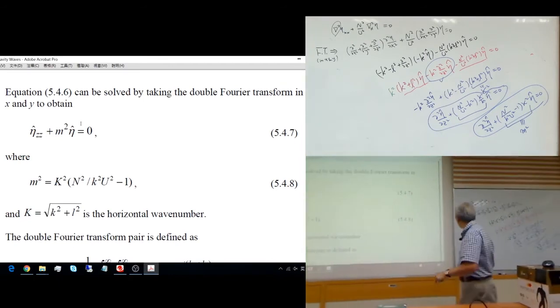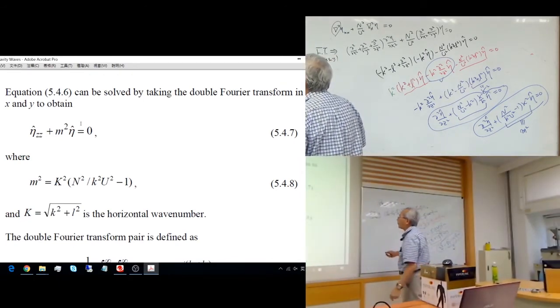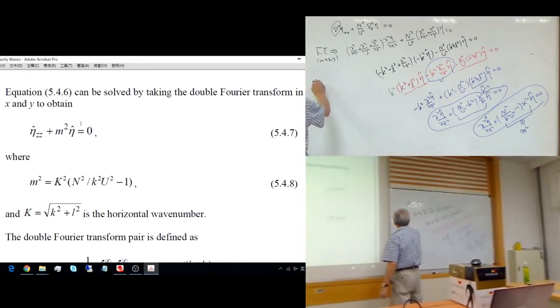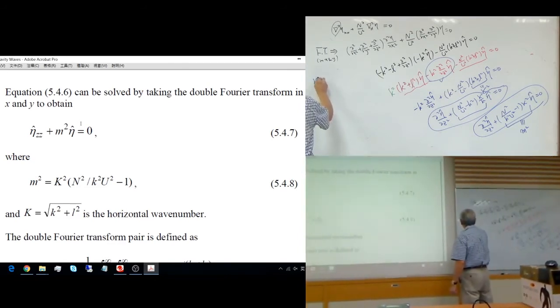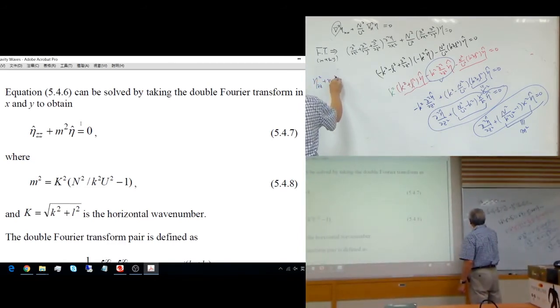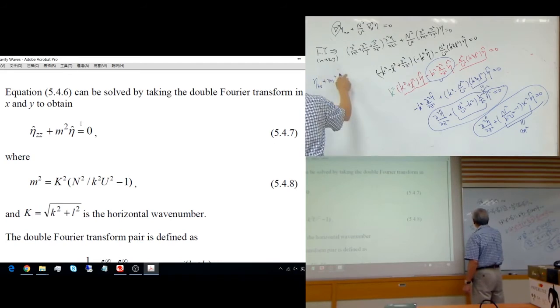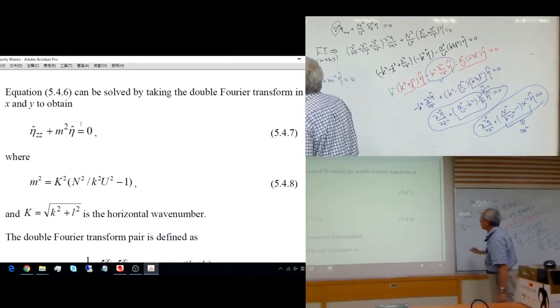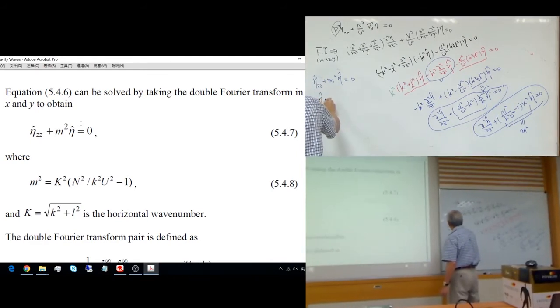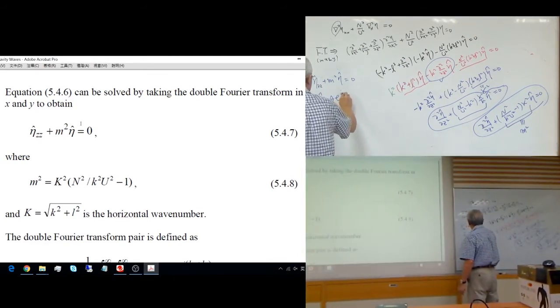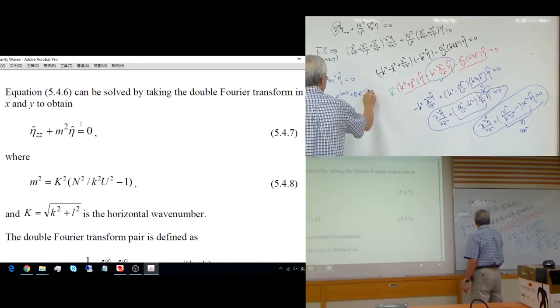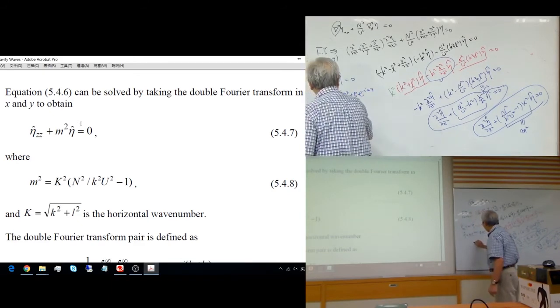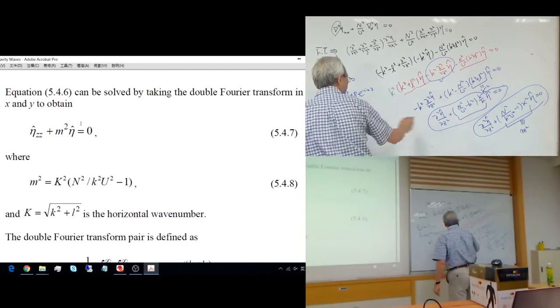Okay, so we have the second derivative of eta hat with respect to g plus M squared eta hat equals 0. So we have eta hat equals A e to the i m g plus B e to the minus i m g, and M squared is defined as here.